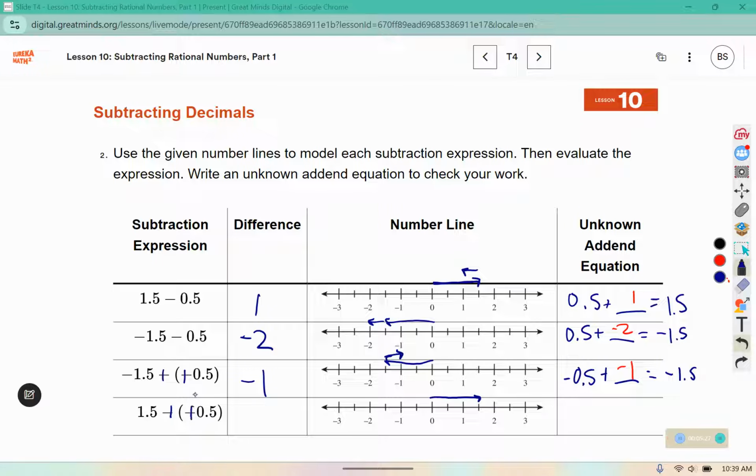We're going to change. We're going to continue to move to the right, and we end at +2. -0.5 plus something is 1.5. That should be filled in with a 2.